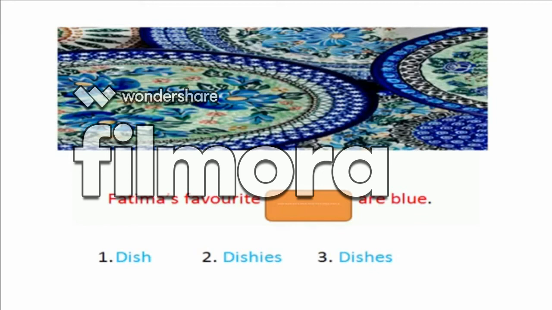And here there is a plural are blue. Fatima's favorite dishes, number 3, are blue. So number 1 and number 2 are false. We move on to the other exercise.